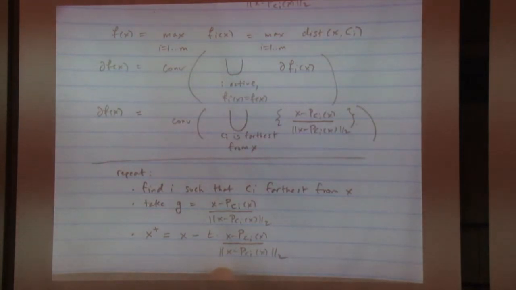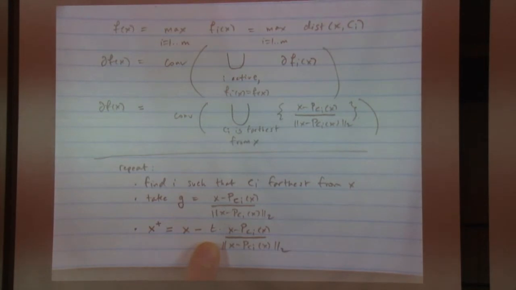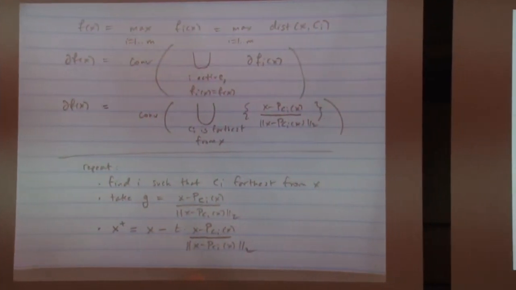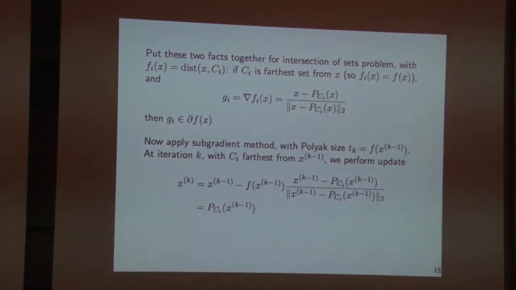That's our subgradient method iteration. And if I just took any fixed step size t, small enough, then we know that we'd approximately minimize f. Let's take a more special choice of t and see what happens.